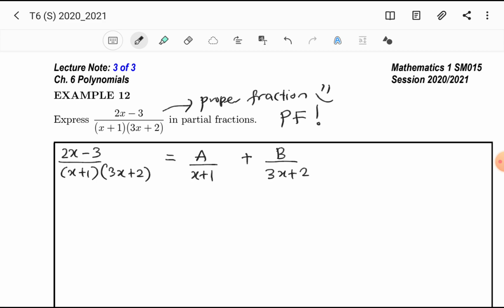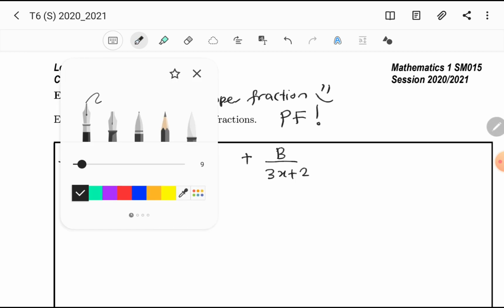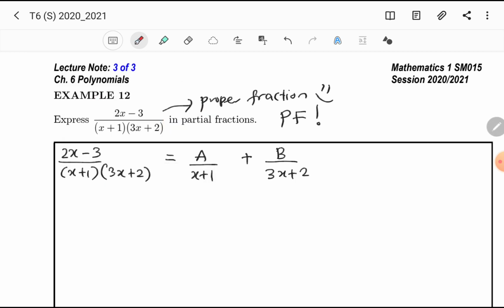Okay, next we will find a and b. Okay, so next kita kena equate the denominator. So next step, equate the denominator. So how to equate the denominator?